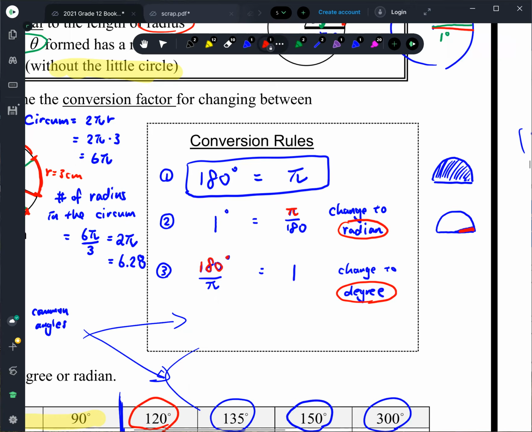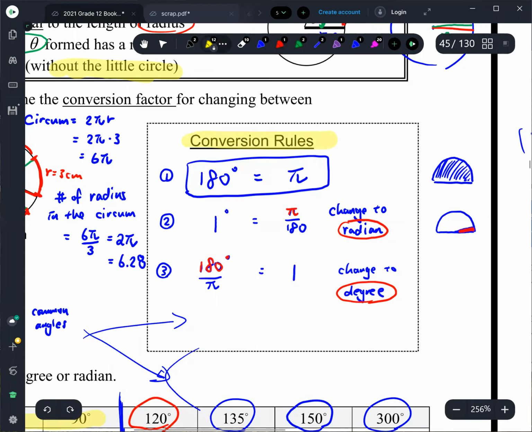Okay, so please raise your hand if you finish copying this part. We have 3 conversion rules. The first rule is for common angles, okay? The second one and the third one are for anything else. The common ones, you don't need to do multiplying, okay? It still works, but just takes too long, right?